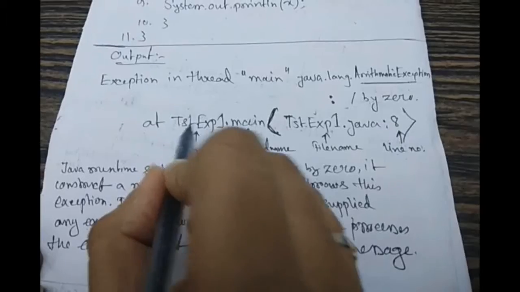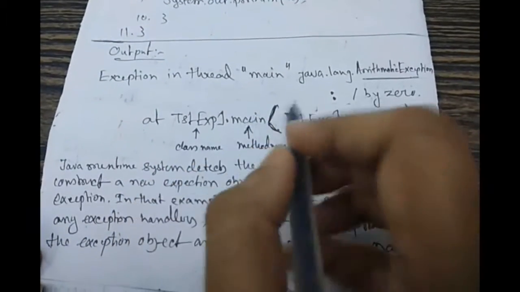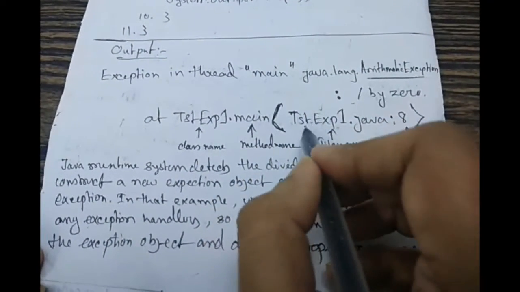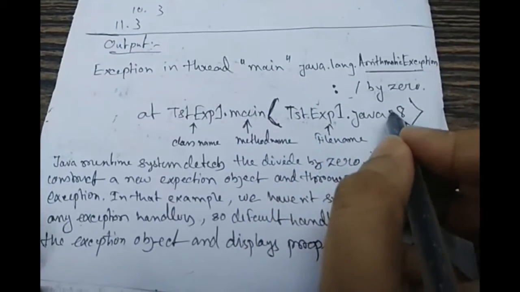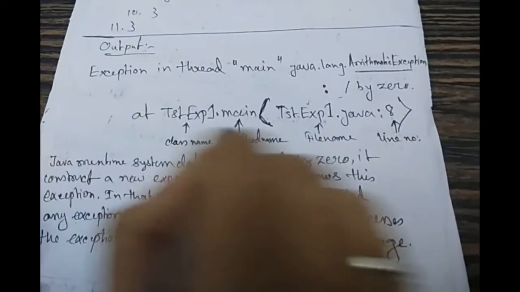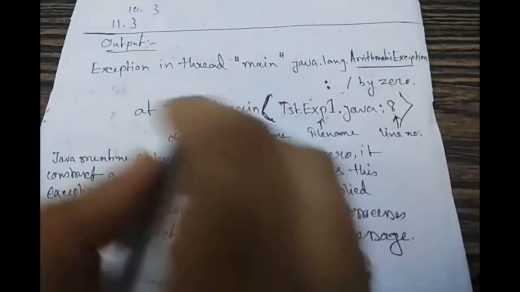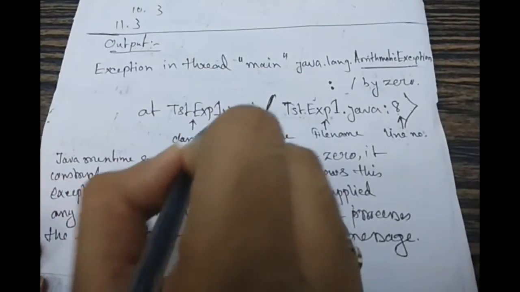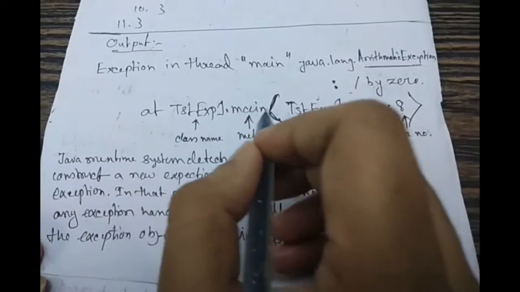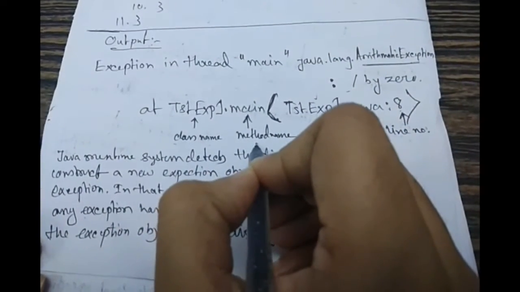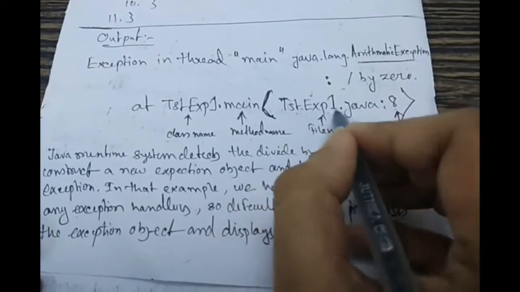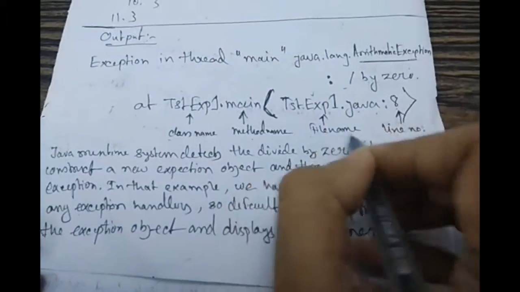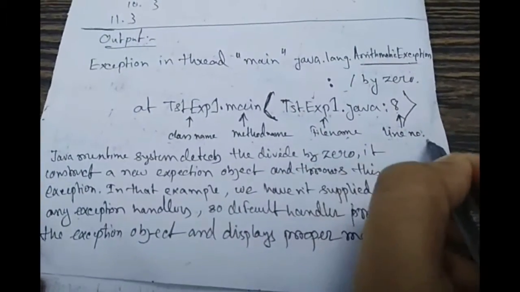At tstexp1.main, then tstexp1.java:8. So this line also has a meaning. tstexp1 is the class name, main is the method name where the exception occurs, tstexp1.java is actually the file name, and line number 8.